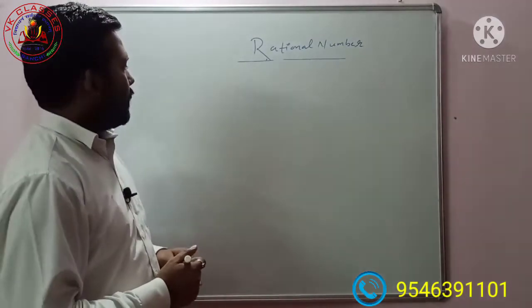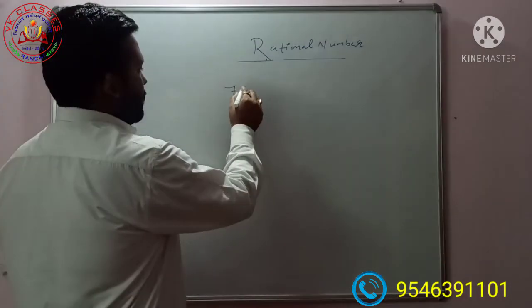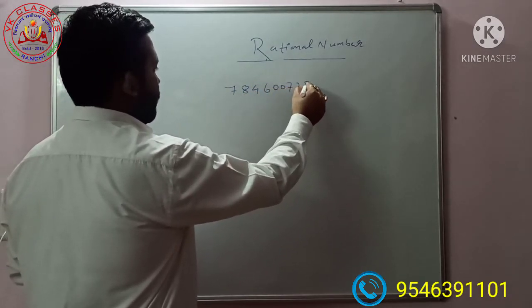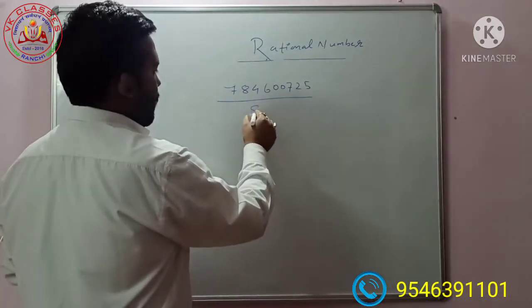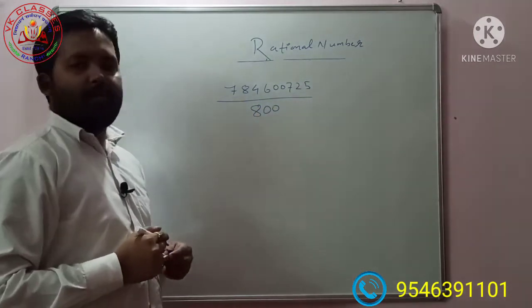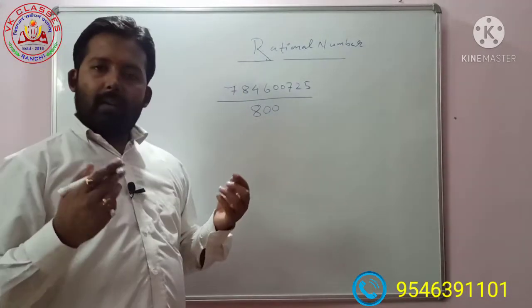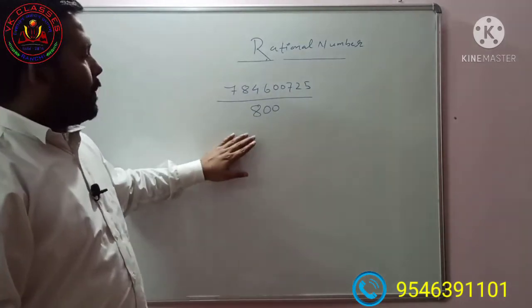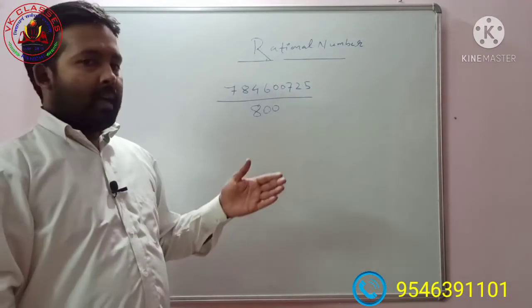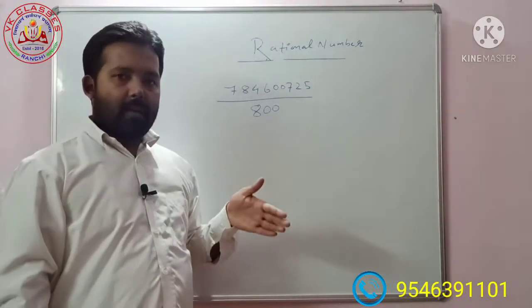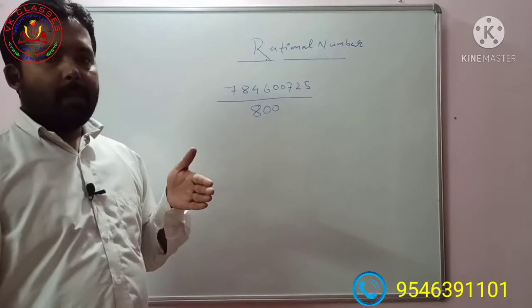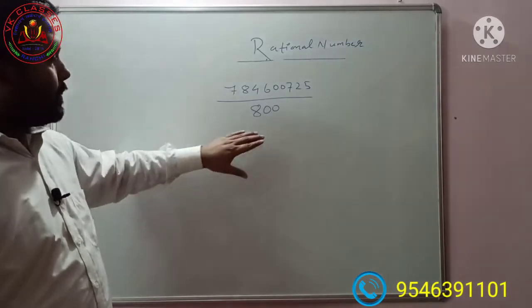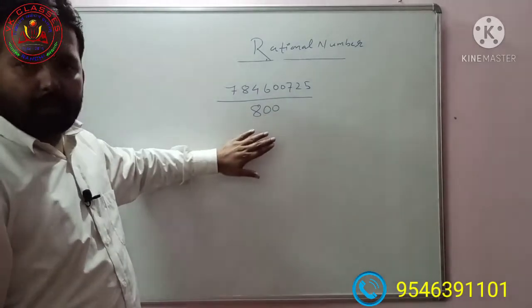So always remember, to find this without actual division, we have to take out the prime factorization of the denominator.